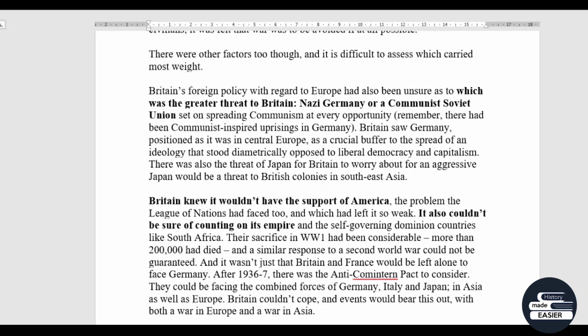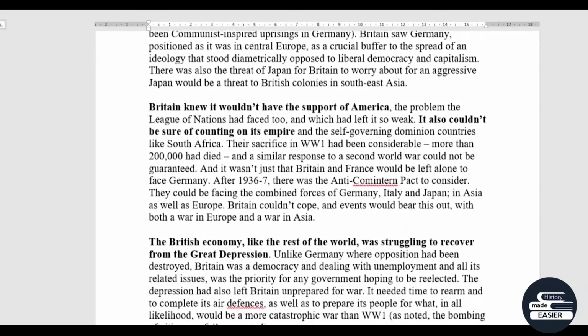It had no guarantee of support from America, and as we know, America didn't come into the war until Pearl Harbor, but it also couldn't count on support from its empire, support that had been essential in winning World War I. So that was another factor that British governments had to consider.